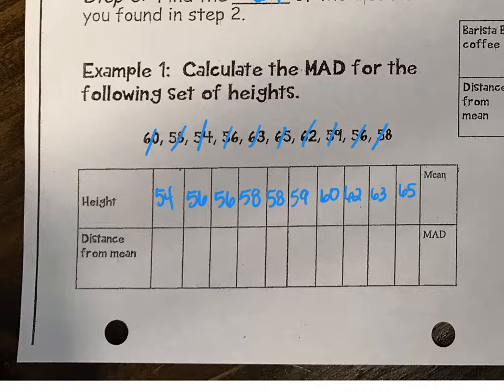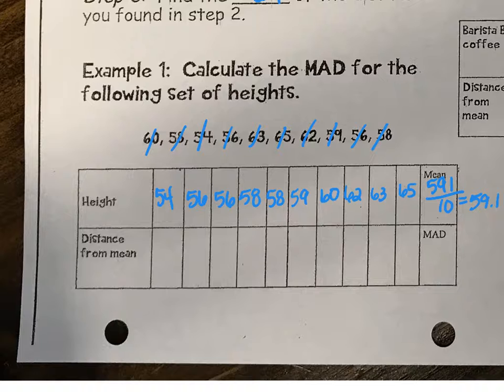And I got a total of 591. There are 10 heights, so there's 10 total. So we're going to divide 591 by 10, and the average is going to be 59.1. Okay, so we should have got 59.1 for the mean.